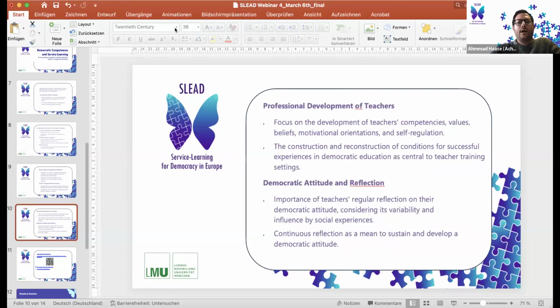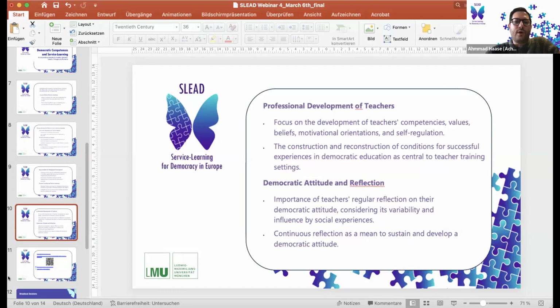And at least one outcome of this analysis was the professional development of teachers and also democratic attitude in reflection. It's focused on the development of teachers' competencies, of their values, beliefs, motivational orientation, and self-regulation, and the construction and reconstruction of conditions for successful experience in democratic education as essential to teacher training settings.